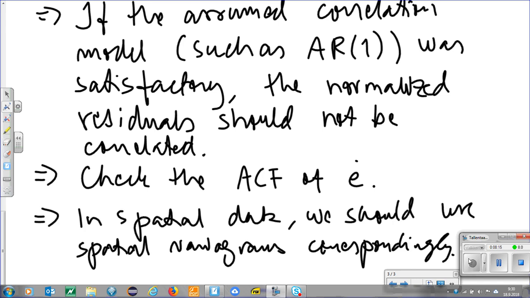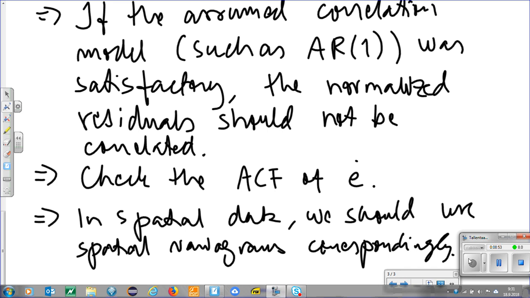And if we were working not with temporal data but spatial data, then we should formulate the dependence structure using some spatial variogram, and then if we want to evaluate whether that fitted the data, we should compute the normalized residuals based on the fitted spatial variogram model, and to explore the fit of that model, we should see whether the normalized residuals show some spatial correlation, so we should explore them spatially.